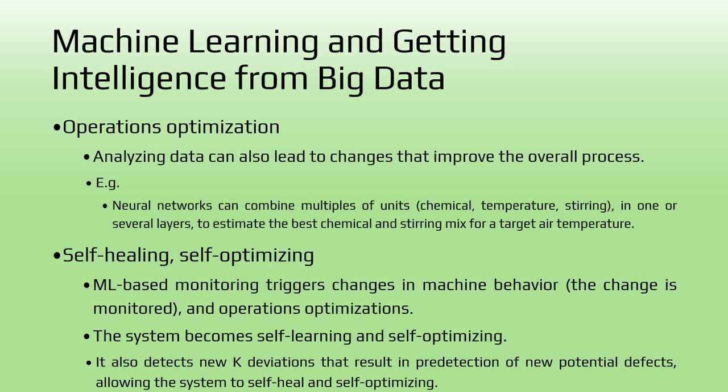So analyzing the data is important. For example, neural networks can combine multiple units like chemical, temperature and steering in one or several layers to estimate the best chemical steering mix for the target air temperature.